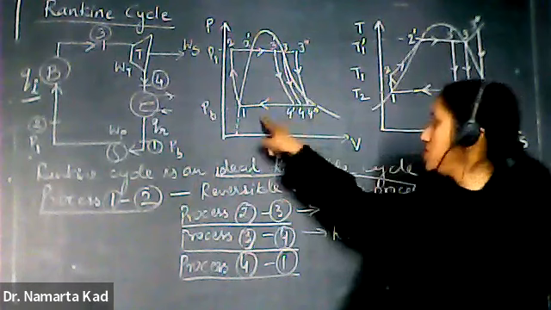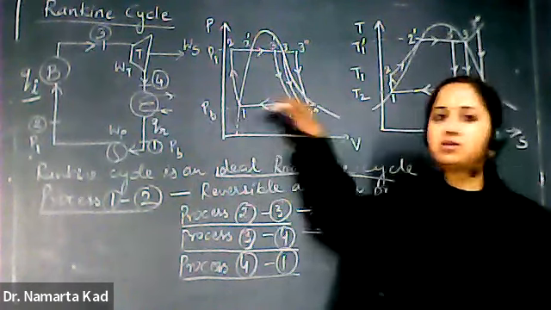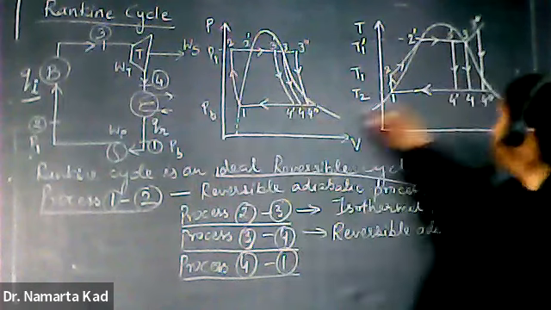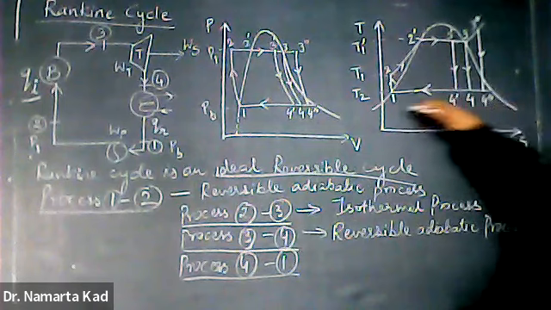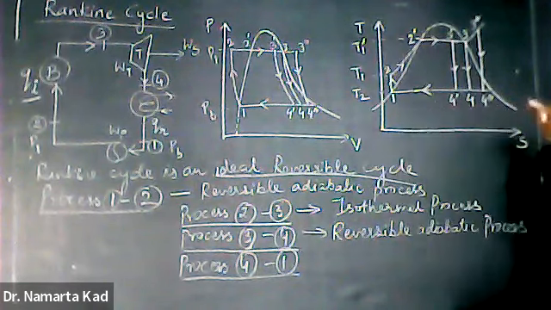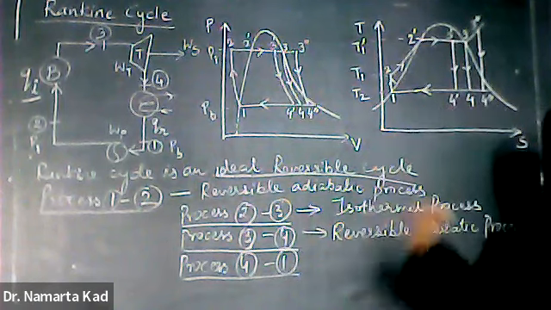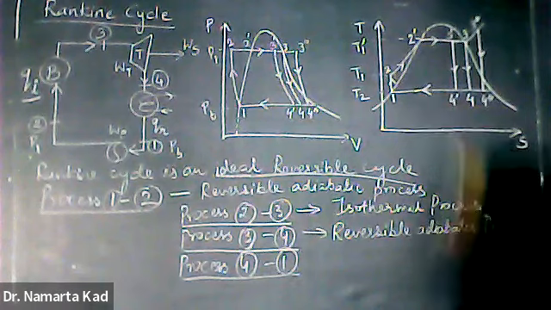Because pressure remains constant but the volume decreases, as you have seen from this graph. Also when you observe this graph, you see that the temperature also remains constant. No doubt the heat is released to the water, but the temperature during this process remains constant.